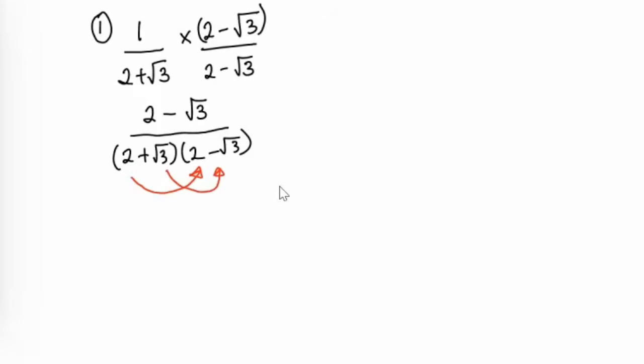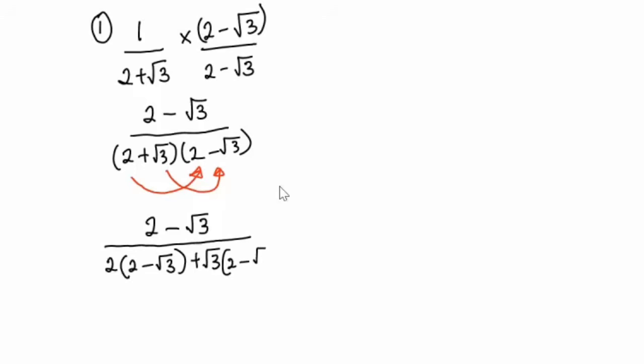So we have the numerator as 2 minus root 3 over, 2 times 2 minus root 3, then plus root 3 times 2 minus root 3. We are done solving the numerator.